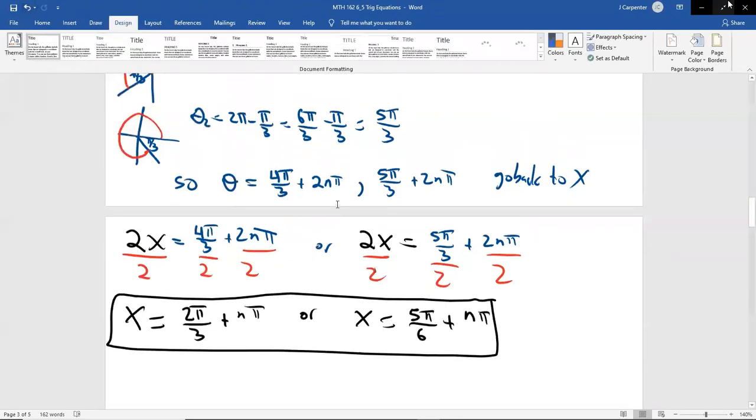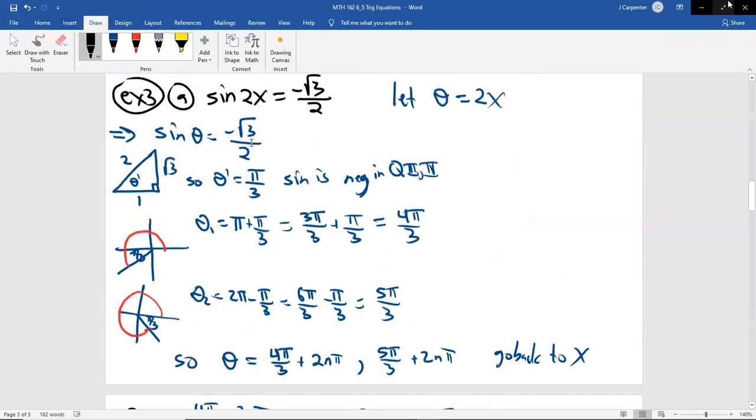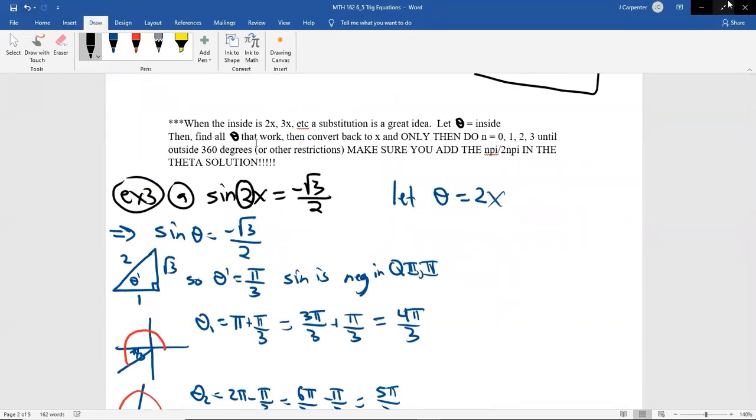So these solutions occur every 180 degrees, every multiple of 180 degrees. So these are periodic in pi, not 2 pi. The reason for that is because this 2 here makes the period happen quicker. It happens twice as fast. If that had been 3, it would have happened 3 times as fast, so then your period would end up being 2 pi over 3.